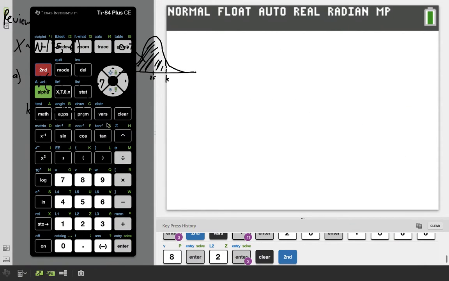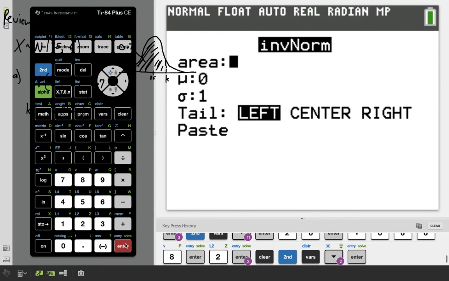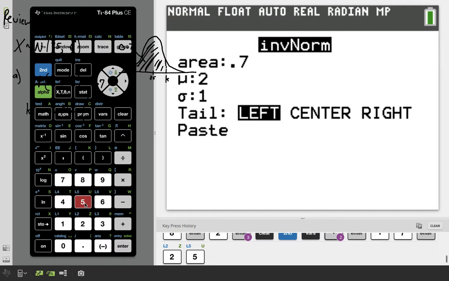Alright, so we go to dist again. It is number 3. The area is 0.7. I'm always going to work from the left. The mean was 25. Standard deviation was 6. I don't know, what do we guess? Maybe 27, 28.